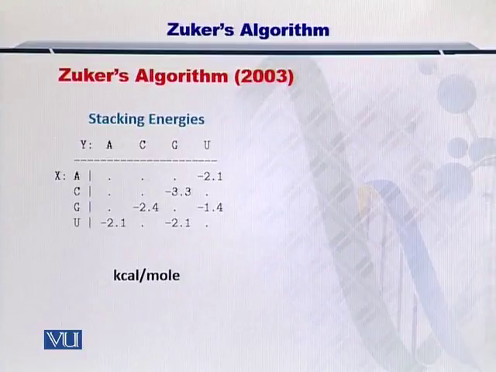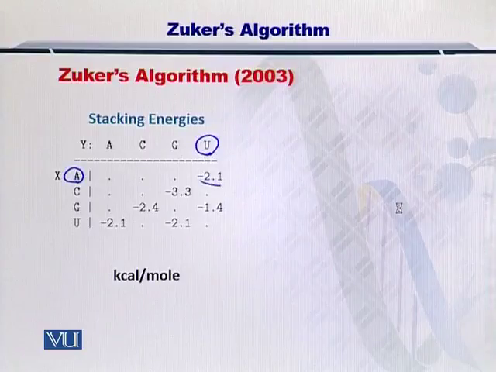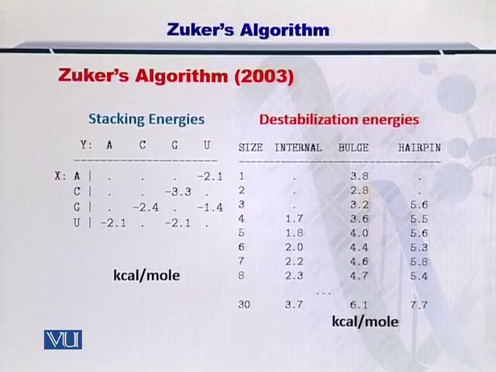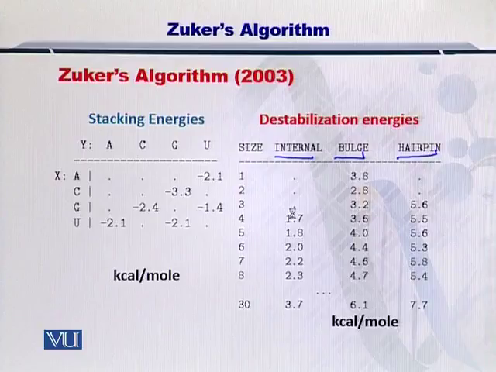So the stacking energies of 2 nucleotides are given here. In case of A and U, it's minus 2.1 kilocalories per mole, and so on and so forth for all the 4 nucleotides. Similarly, you would want to look at the destabilizing energies. They are given here by the type of the uncoupled nucleotides. In case these uncoupled nucleotides occur in an internal loop and the size is 4, then the positive energy is 1.7.